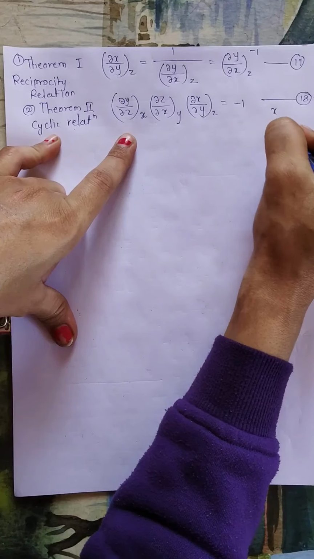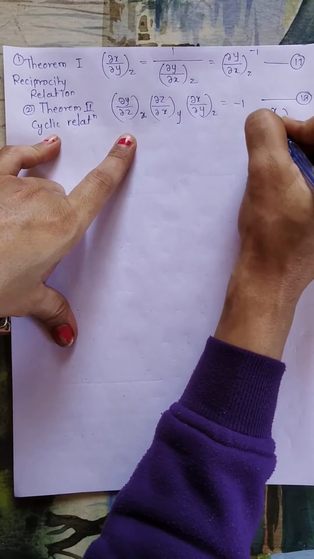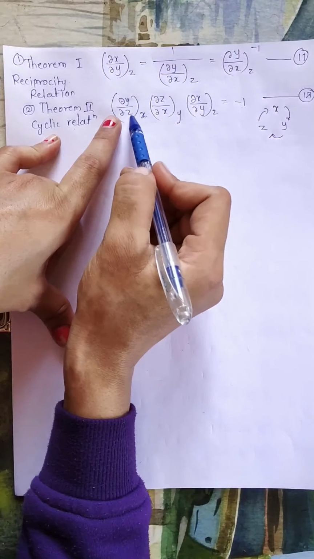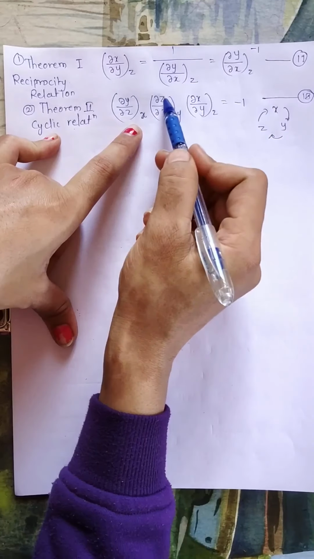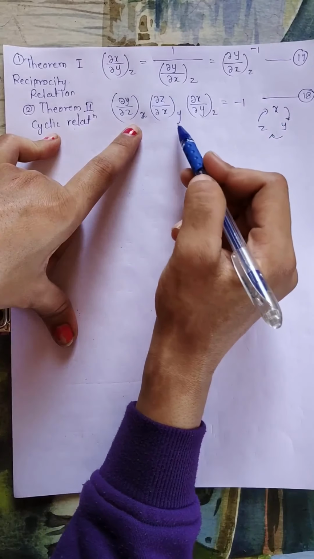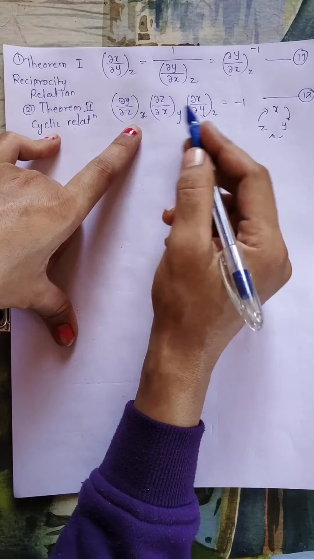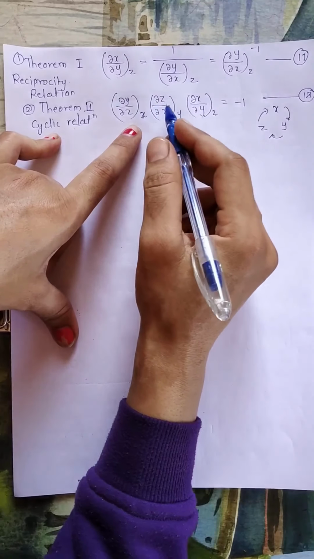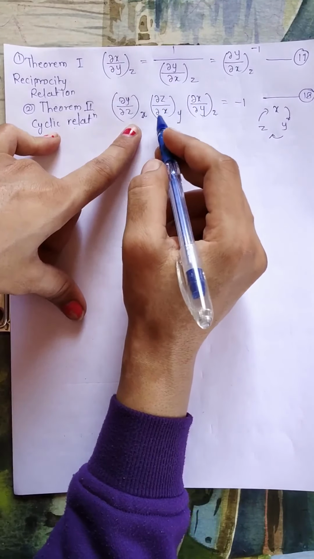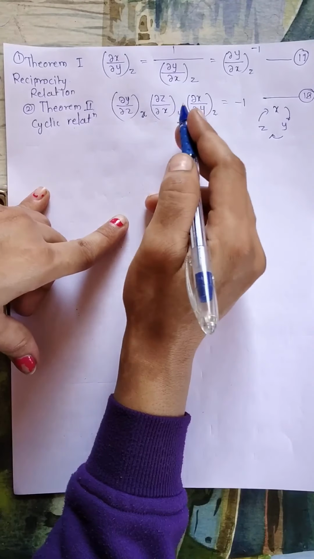That is, after x comes y, after y comes z. You can observe here y, z, x. After x again z, x, y, then x, y, z. So the cyclic order in each term is maintained. Therefore these relations are named in this way.